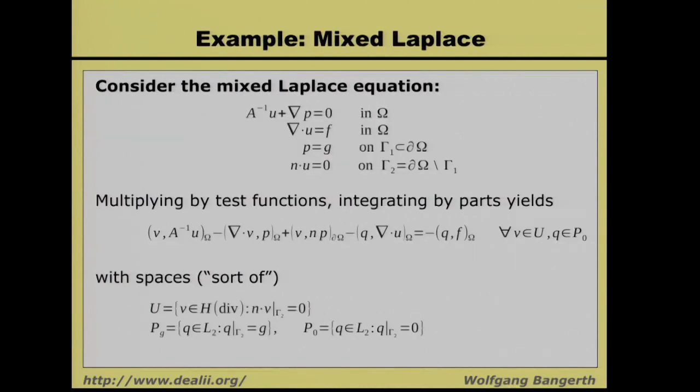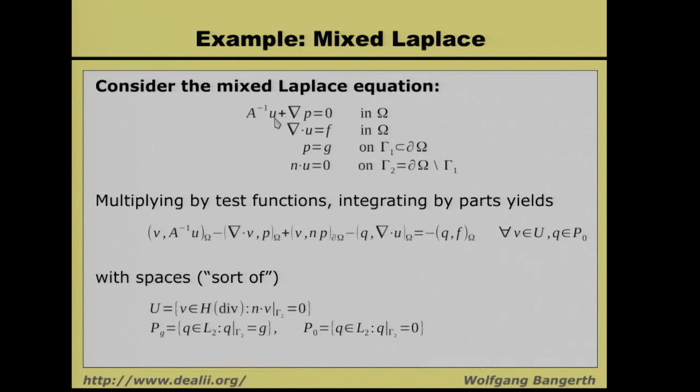Consider the mixed Laplace equation, which is typically a model for flow in porous media where we say that p is the pressure. If you allow me for a moment, think about bringing this gradient p over to the right-hand side with a negative sign and multiplying through this equation with A. Then u, which I identify with the velocity of a flow field, would be proportional to minus gradient p.